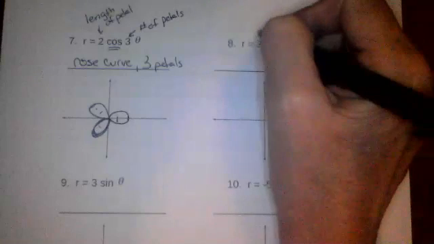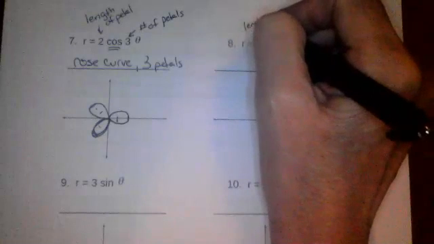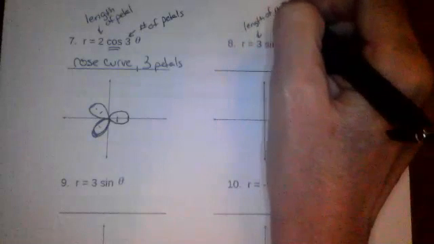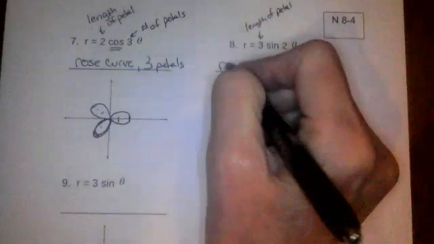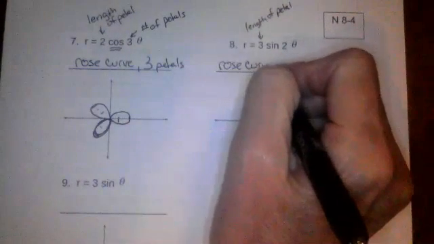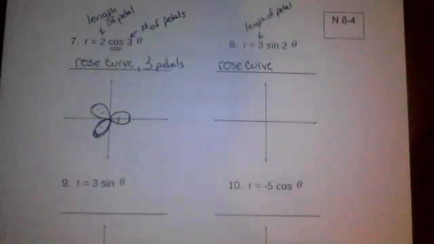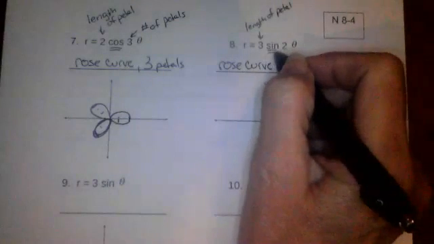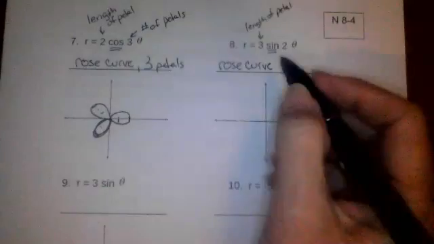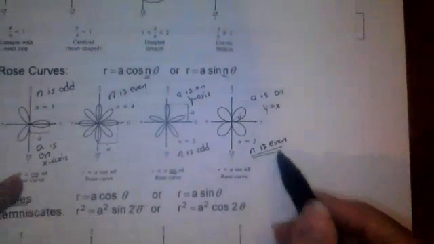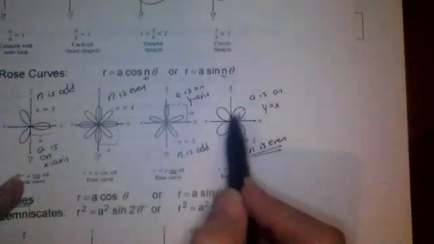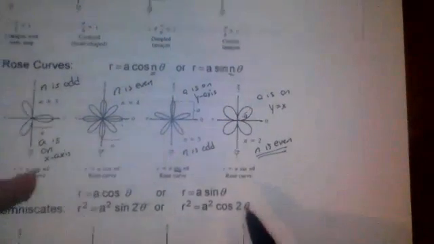All right, for our next one, this is still going to give us the length of the petal. Well, first I have to identify that it's a rose curve, but it's the same formula, so this one is a rose curve. But it is a sine, and on the sine, when we have an even number, then it looks like we are going to double the number of petals.